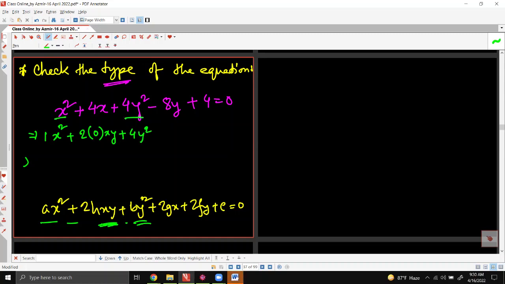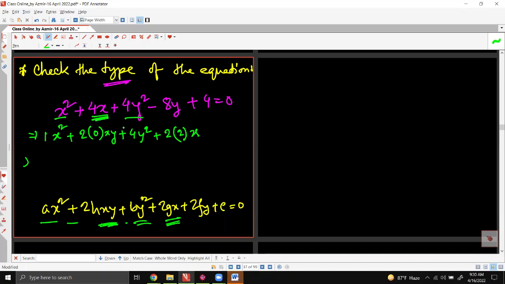So this term is done, and then x, so we have 4x. To compare with the general equation, we write 2 times something x, so that means 2gx, g will be 2, then we are getting 4x.